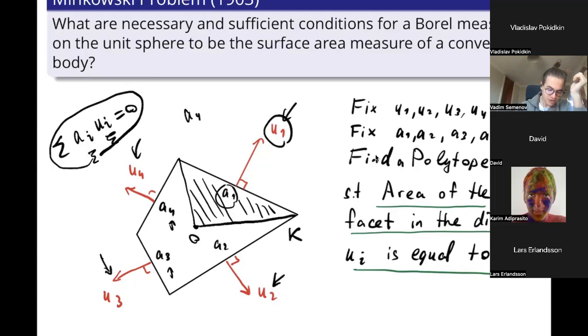Then A4, for example, times U4 is exactly the amount of force with which the oxygen pushes the side, up to some coefficients. But if you sum over all the facets, this means that your body does not move, and it completely corresponds to our intuition that if you take a shape with oxygen and you put it in space, well, nothing will happen with it. It will not move because the sum of the forces is zero.